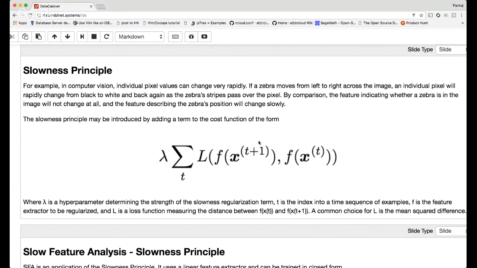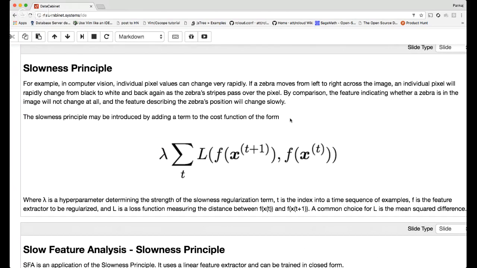If you have a bunch of pictures, one after the other at multiple times, that's what it's trying to model. For example, if you have a video in which a zebra is moving from left to right on a screen, then if you just measure individual pixels, they will go from white to black very fast.